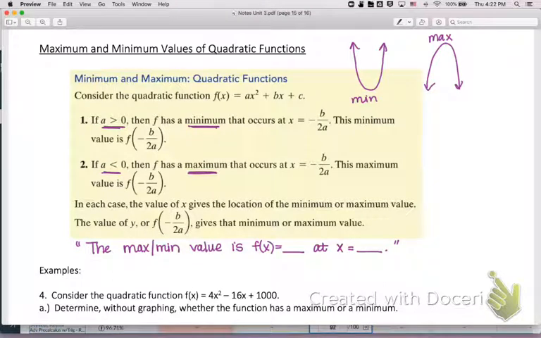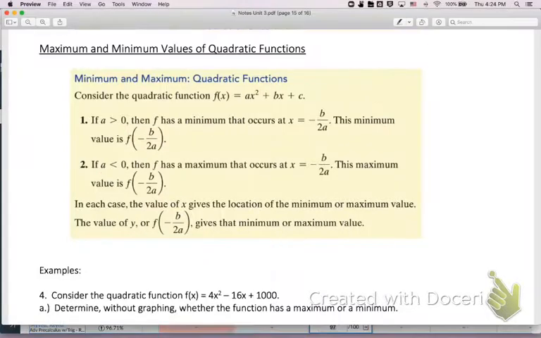That gives both parts of the maximum and minimum without using an ordered pair. Put that on a flashcard, memorize that sentence, because those are the answers I'm going to be expecting to see. Now, if the function is called h of x or g of x, change it accordingly, or maybe it's y equals, change it accordingly. But that's how I'm going to expect to see your answers written.